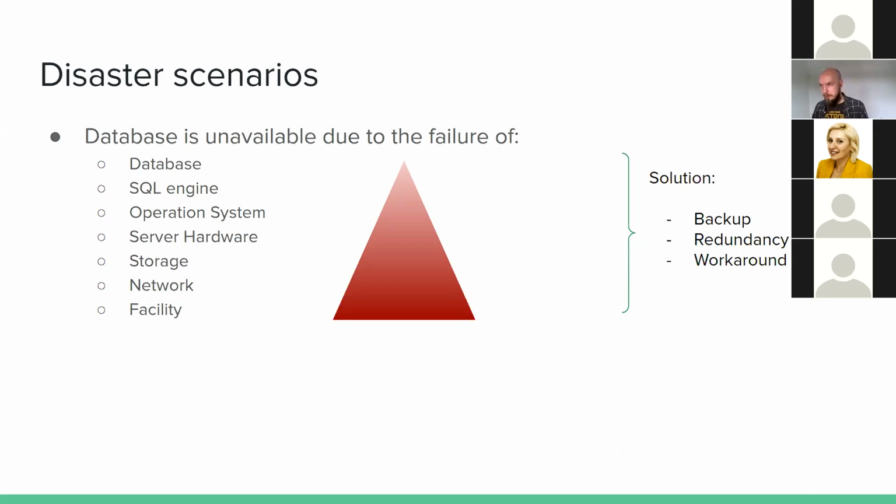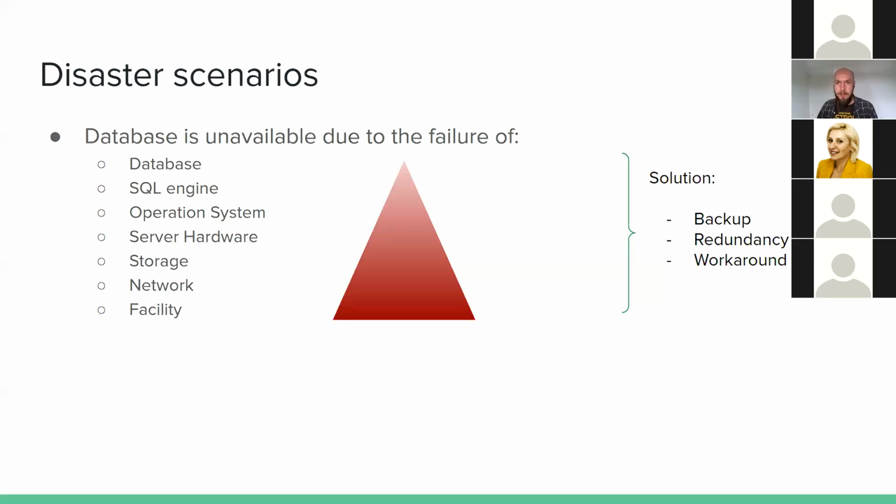Maybe the operating system is down. Okay, not a big deal. Server hardware, it's more serious, but doable. Storage, okay, it's more serious. Network, the problem is big. And facility, like electricity, air conditioning, cooling, fire, maybe is the biggest one.